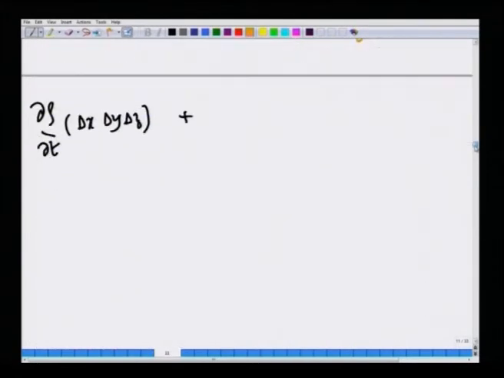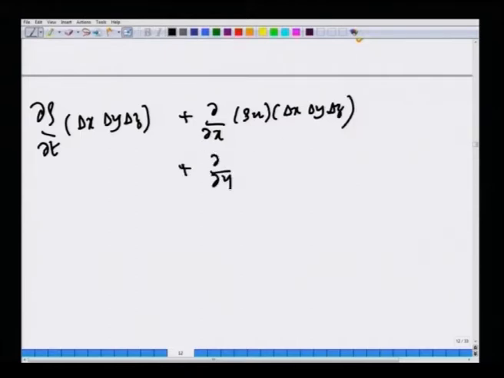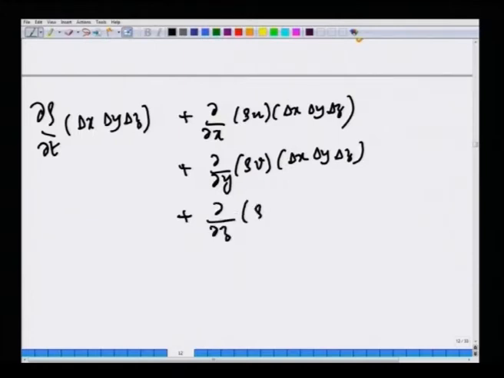So, when we do all this together, we will get d dx of rho u times delta x delta y delta z plus d dy of rho v delta x delta y delta z plus d dz of rho w delta x delta y delta z is 0.